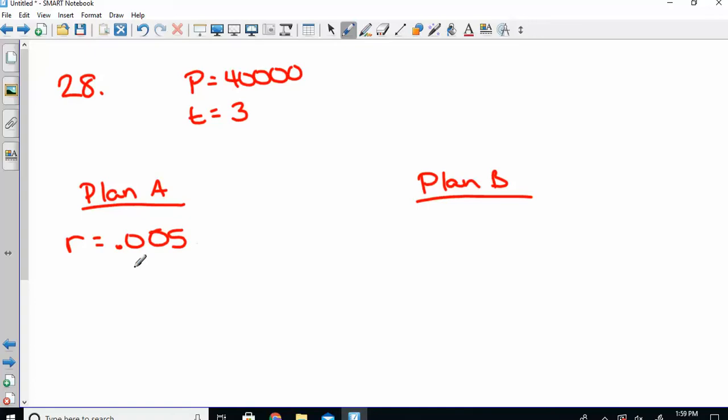0.5%. So what would I use for the rate? 0.005, because you have to move it back 2. Compounded quarterly, so my N is 4.